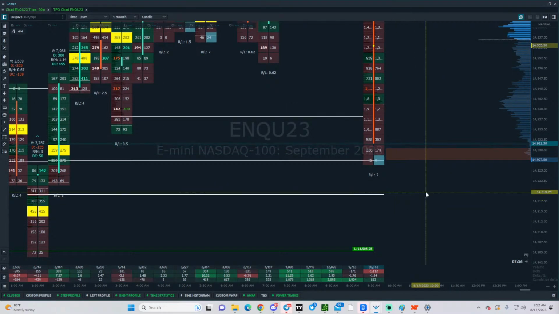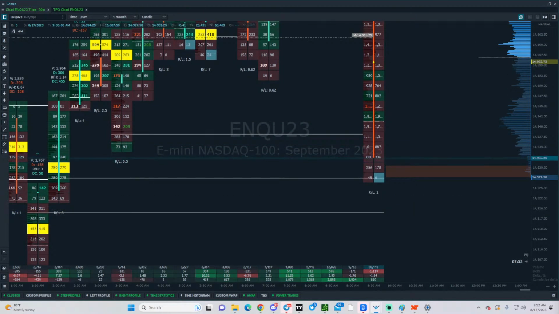Got a couple over here. TP1, previous low right here. So we're just in that area now.